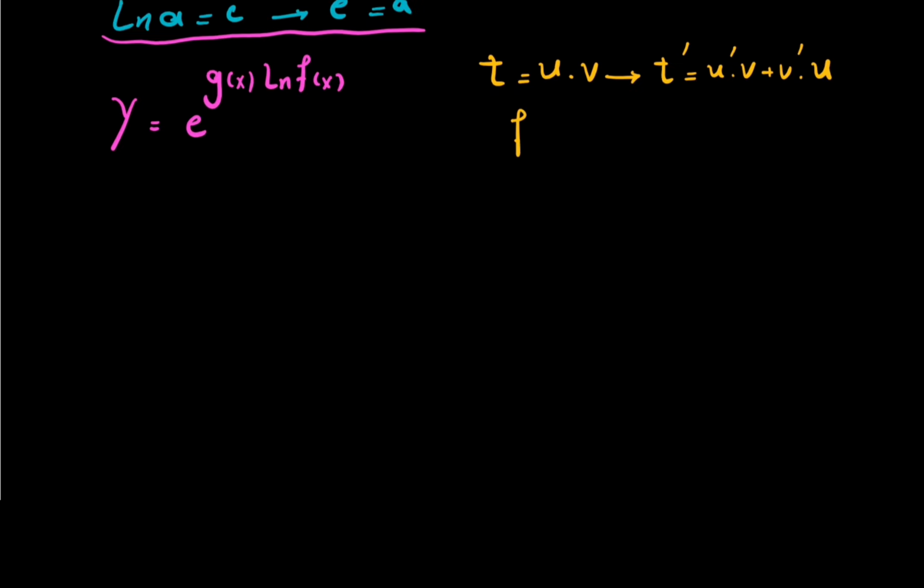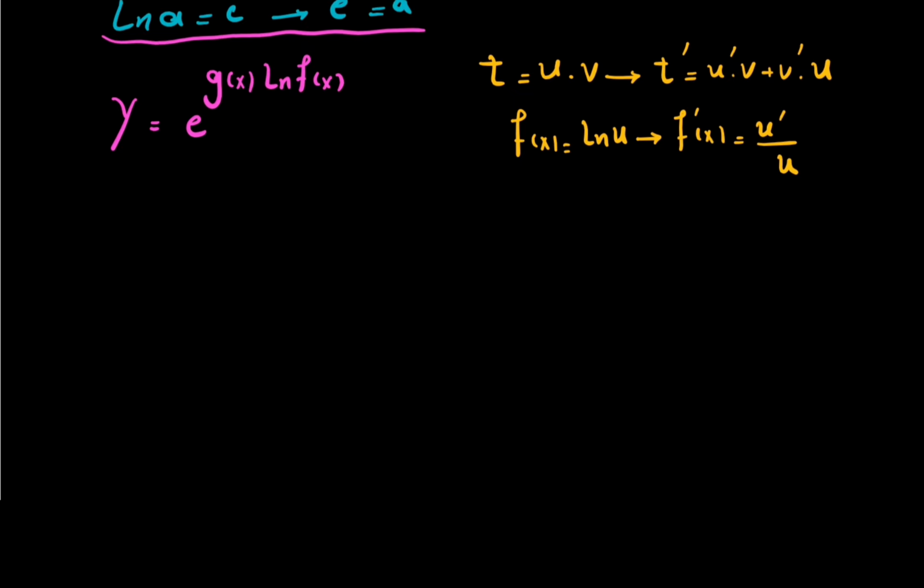If f(x) equals ln u, where u is a function of x, then f prime x will be equal to u prime divided by u.